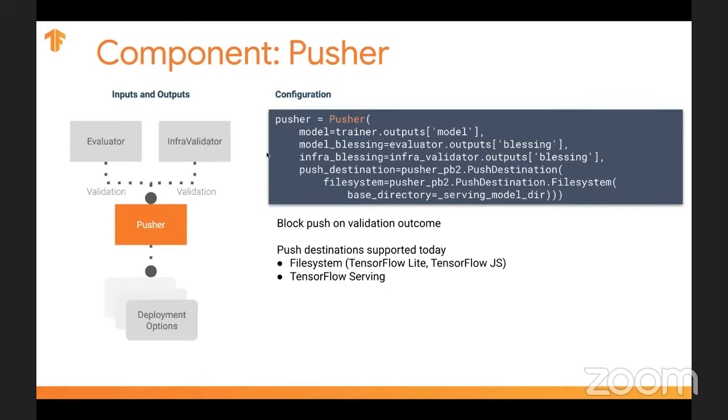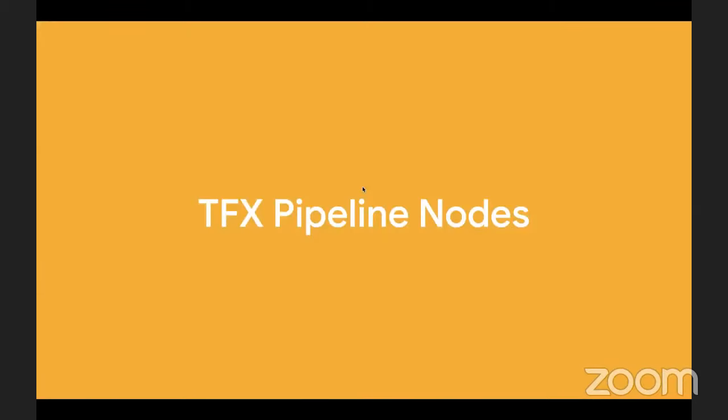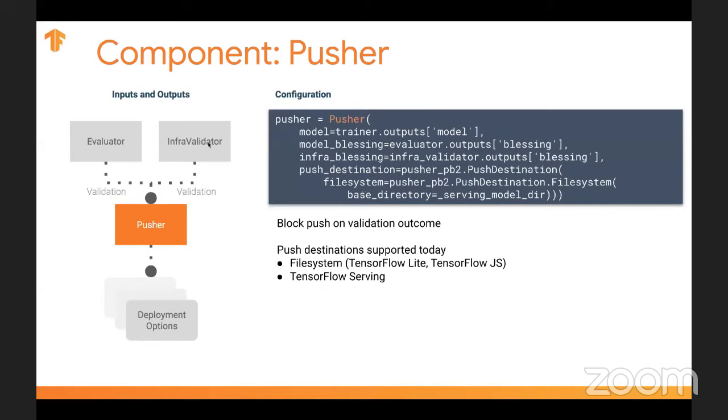There's also another component here, InfraValidator. Infra validator is just making sure that your model will physically run on your system. So it's going to try loading your model and just running a test example against it just to make sure that it's actually runnable.